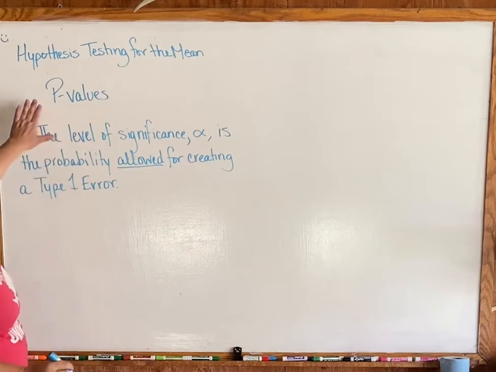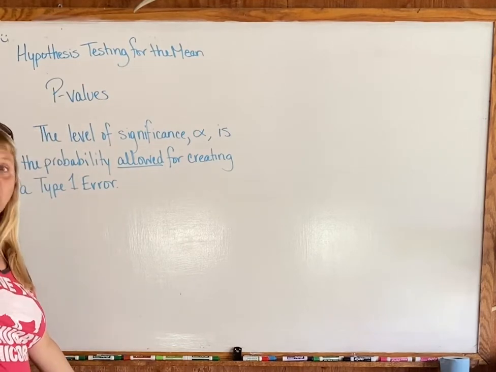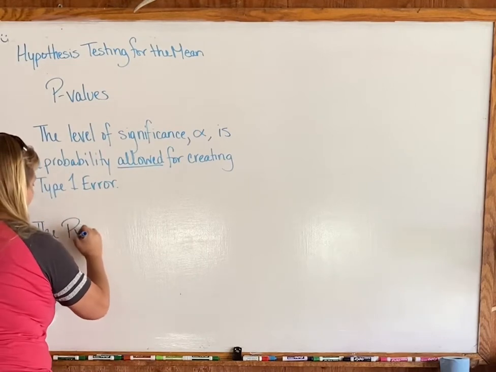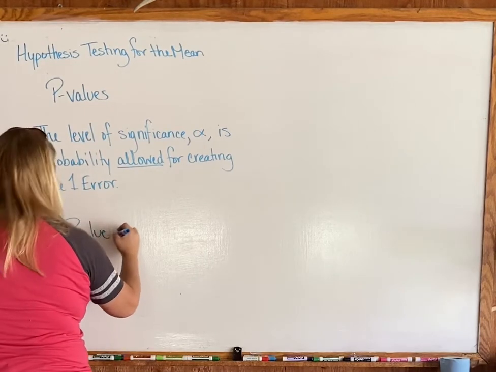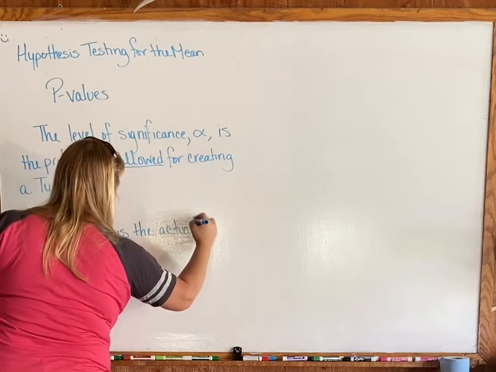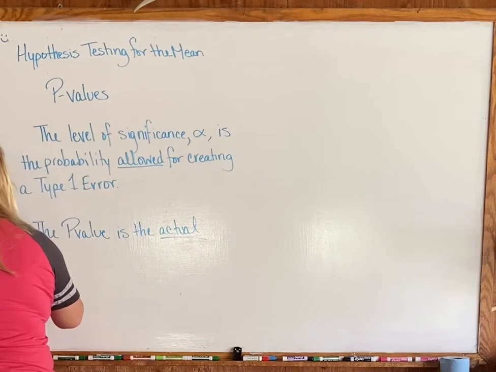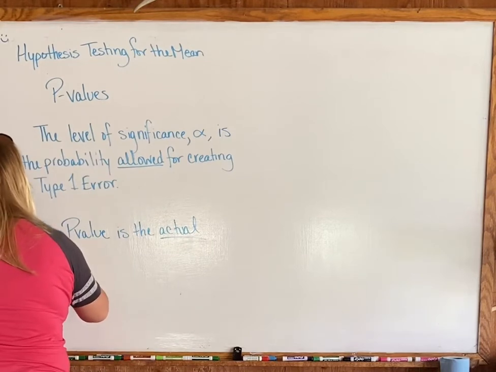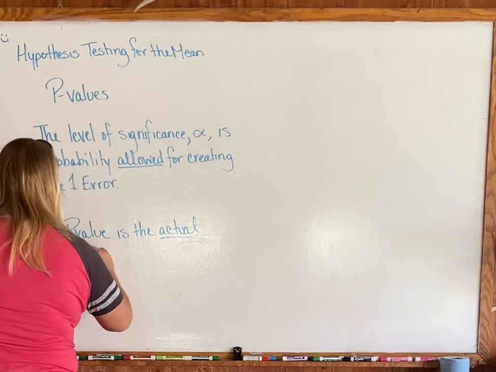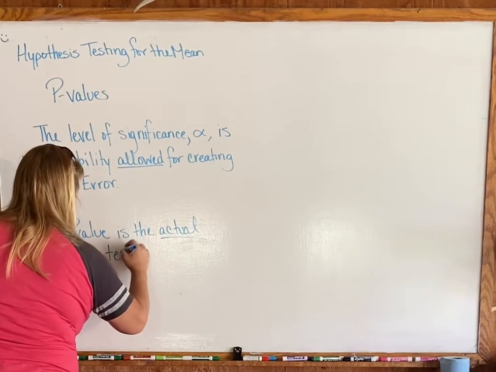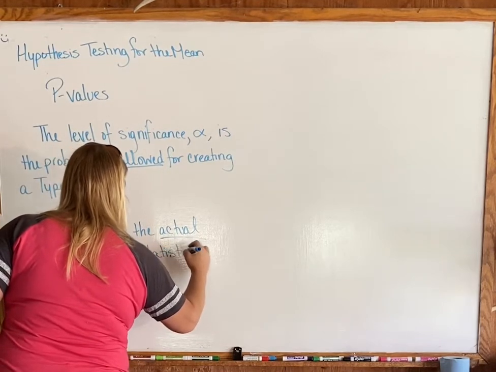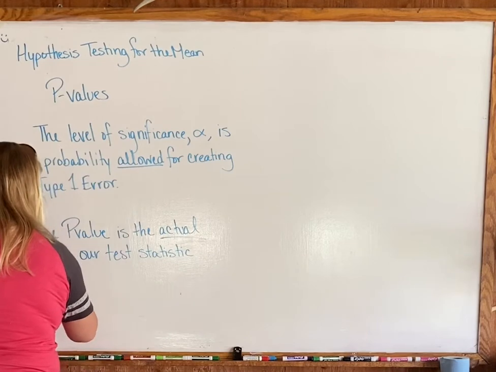Now, the p-value is the actual probability our test statistic creates a type 1 error.